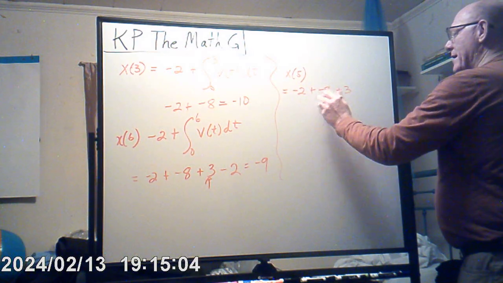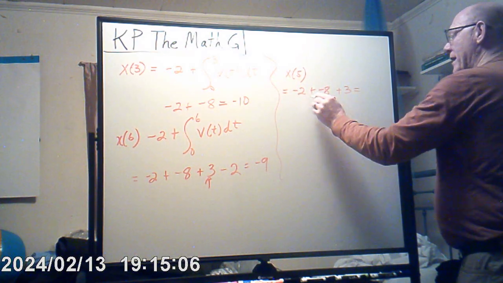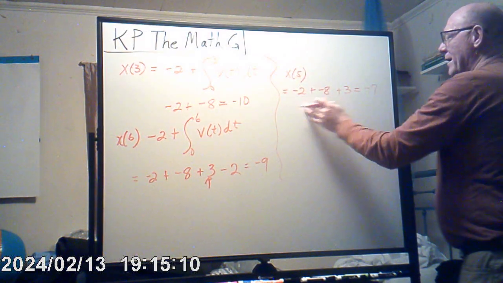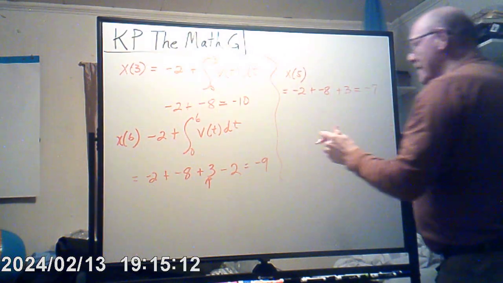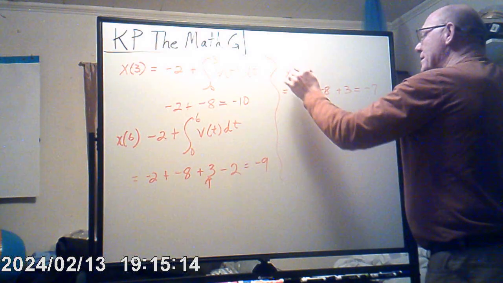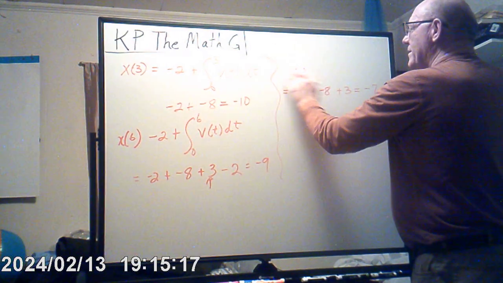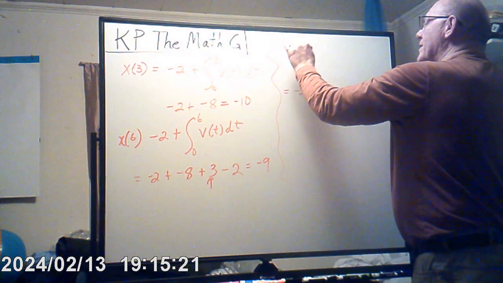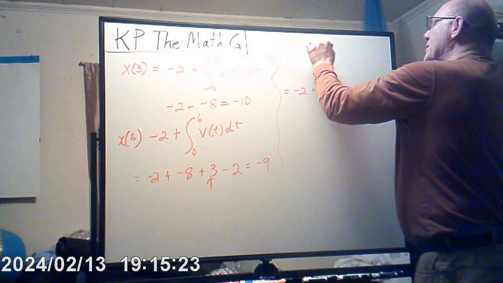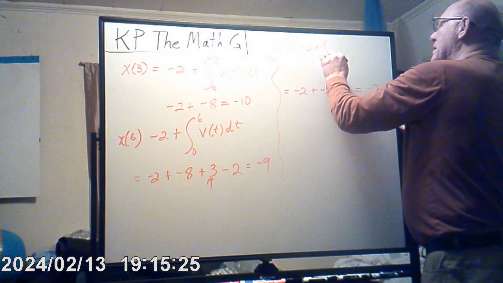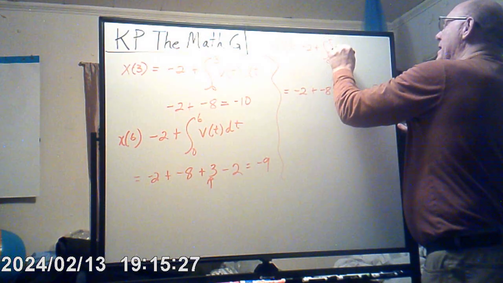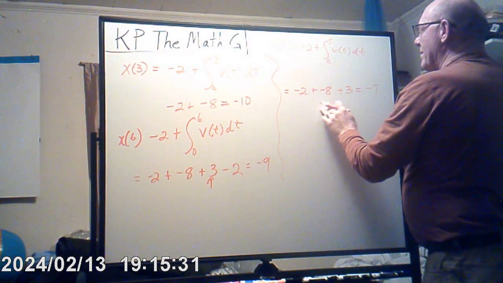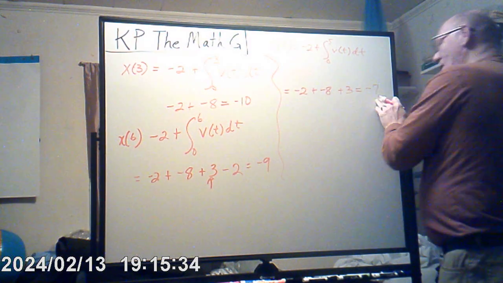This is negative 10 plus 3, which is negative 7. Actually, if we wanted to do this the proper way, x at 5 is equal to negative 2 plus the integral from 0 to 5 of v at t dt. Now you have to consider all of it.